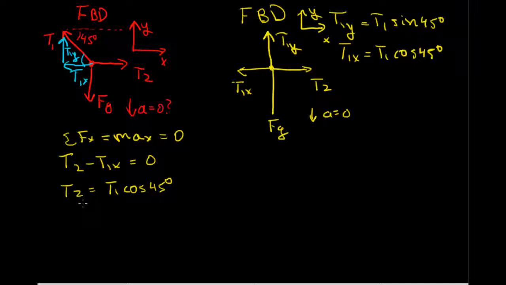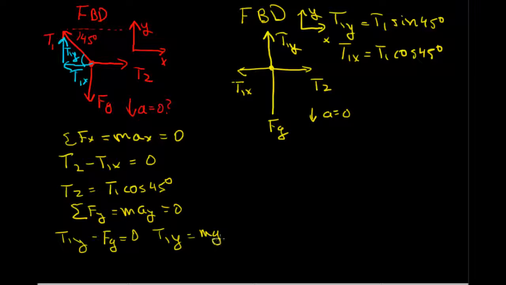Now I can grab the sum of the forces in the y direction equals ma sub y, and that's equal to 0. This says that T1Y minus the force of gravity, which is pointing downward, is 0, or that T1Y is equal to mg.